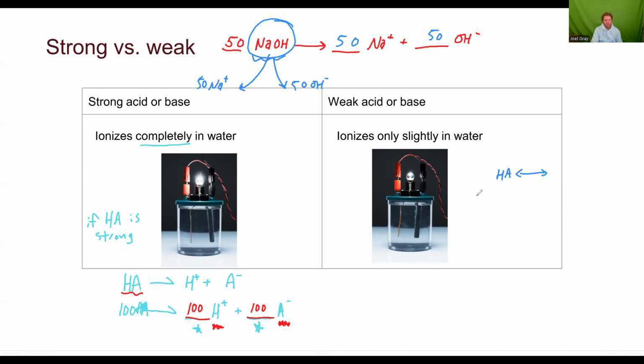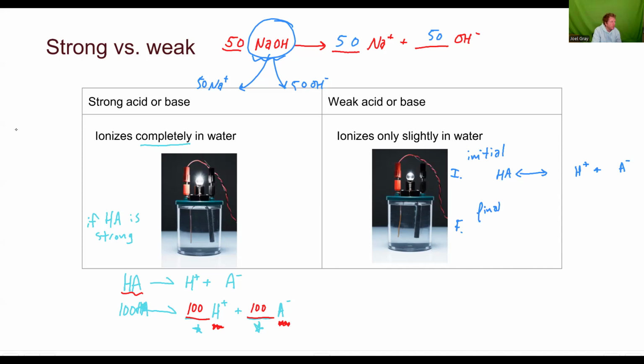When you add that weak acid, you're going to end up with H plus and A minus. So the products don't change, but the abundance of them does. Now, I'm going to label this as I, or initial, and then F for final.